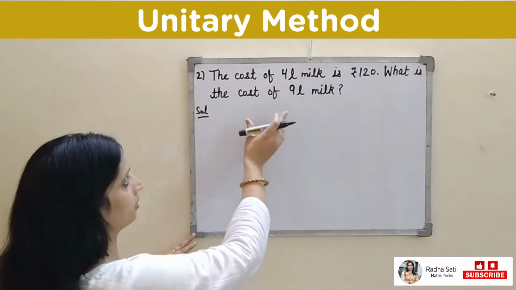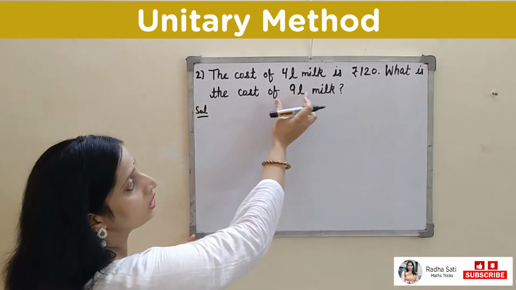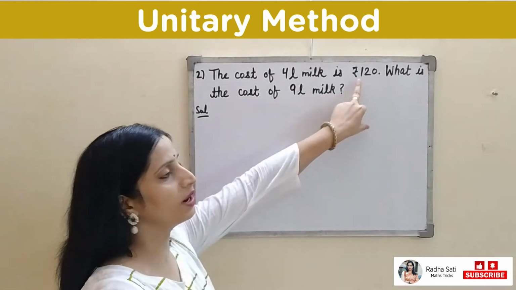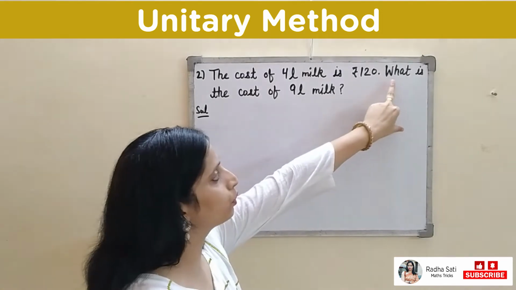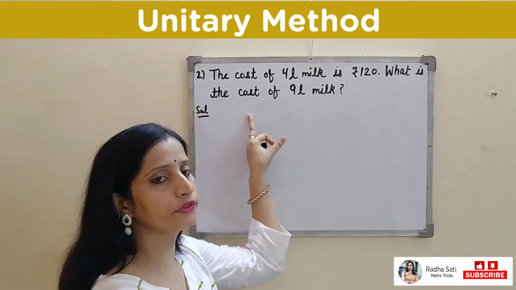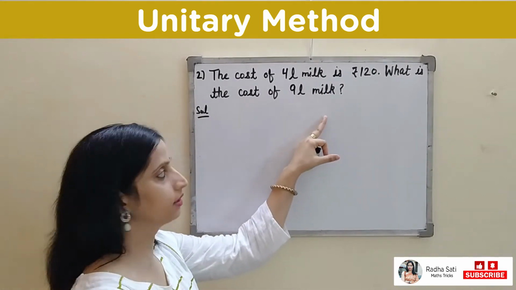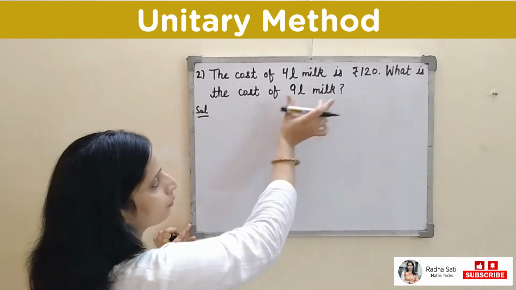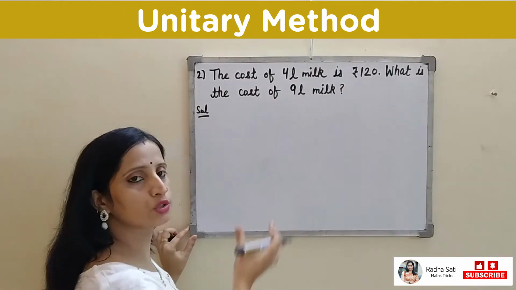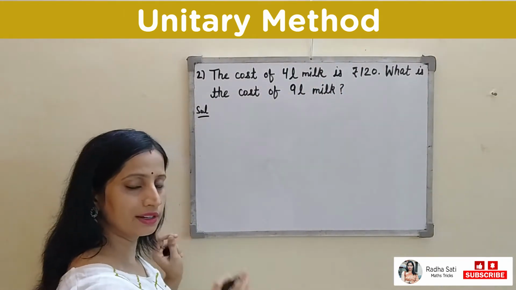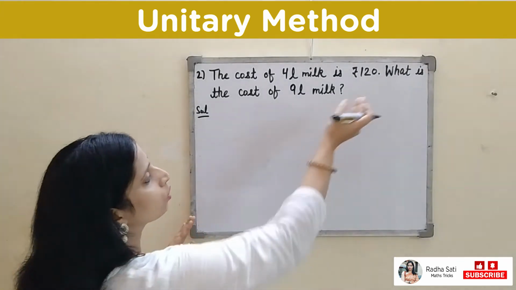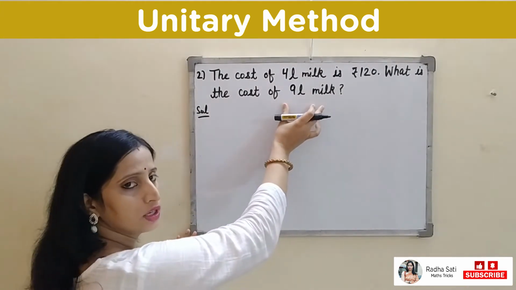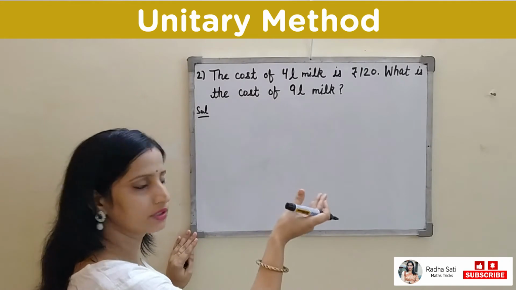Let's do another question. The cost of 4-liter milk is 120 rupees. So we have to find out what is the cost of 9-liter milk. This means again first we have to find out the cost of 1-liter milk. Then we can easily find out the cost of 9-liter milk or any required number of units.